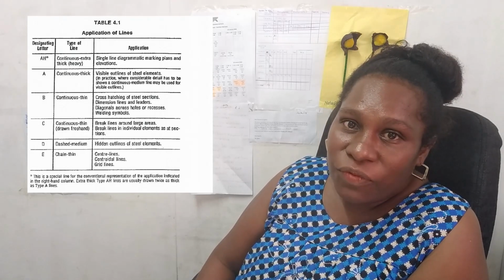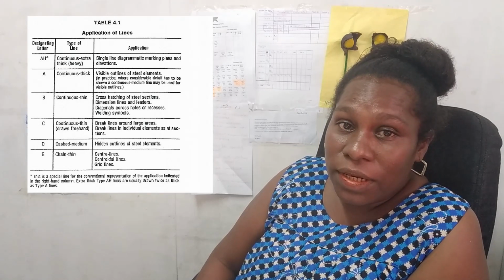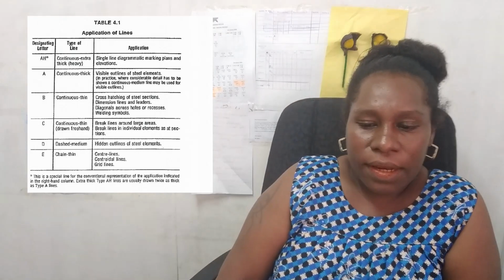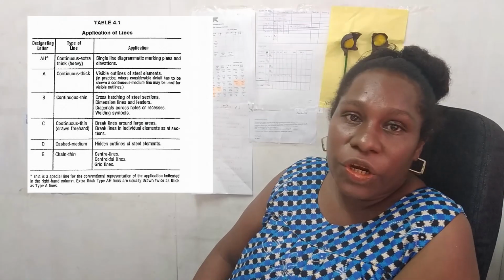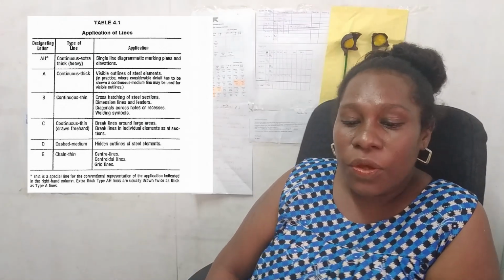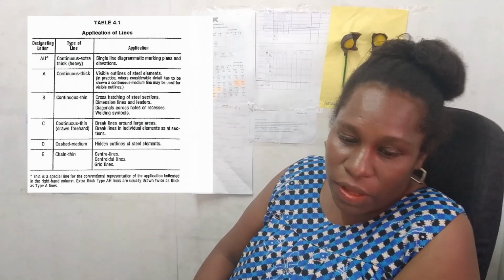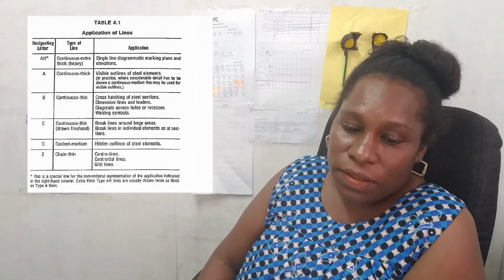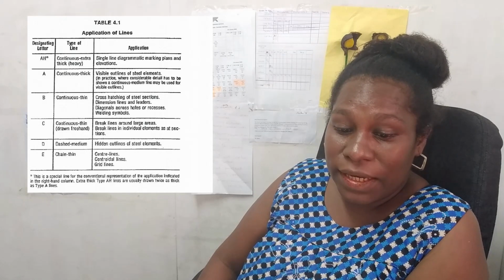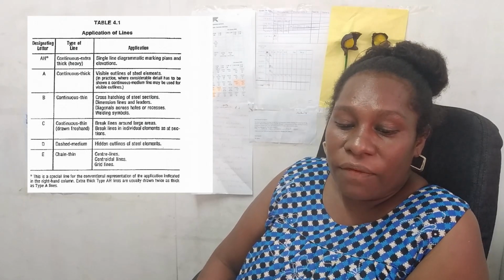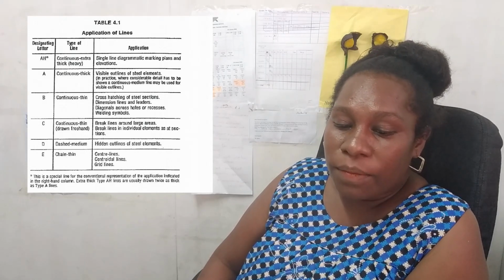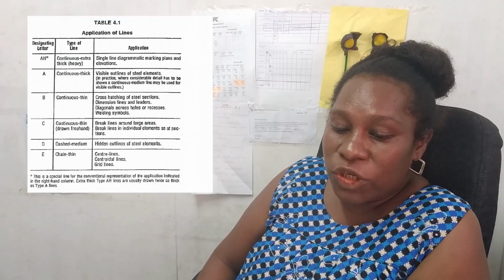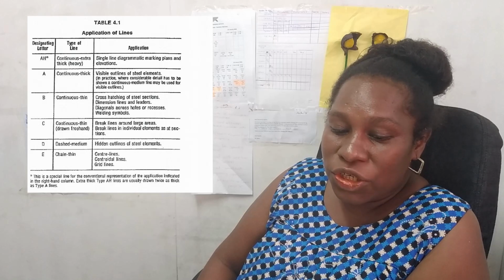In our case, for TELUE Engineering Limited, we use layer 0 as our dimensioning lines and cross hatching and all of that. When we create our layers, we have that for our case. C is for continuous thin lines, where we have break lines around large areas, and break lines in individual elements as sections.